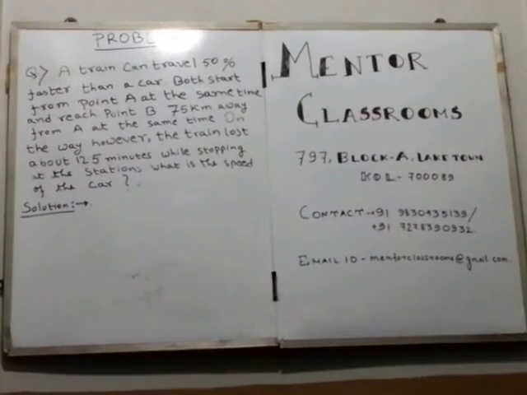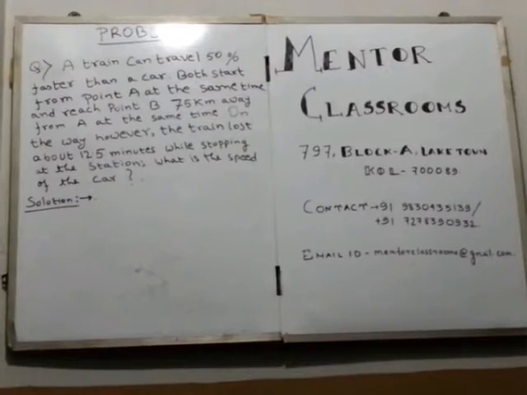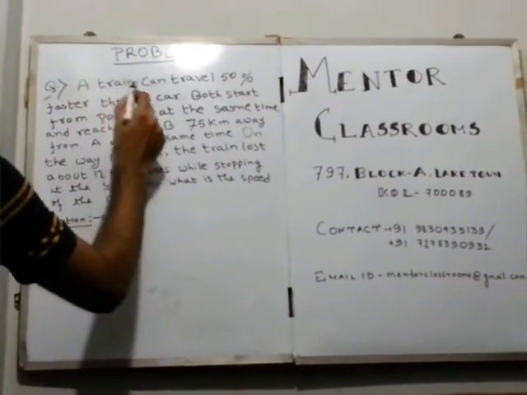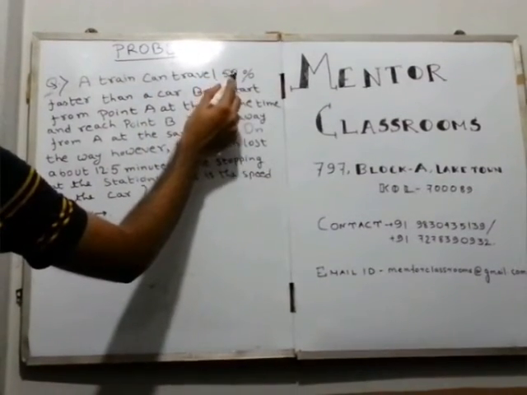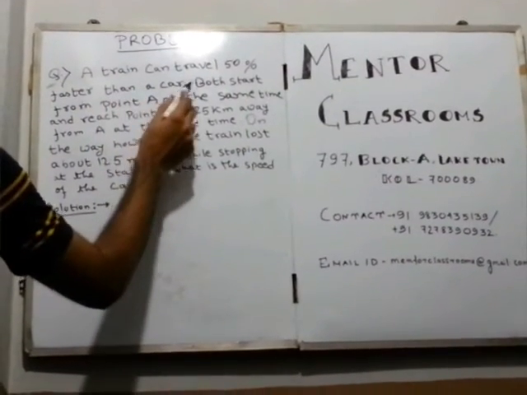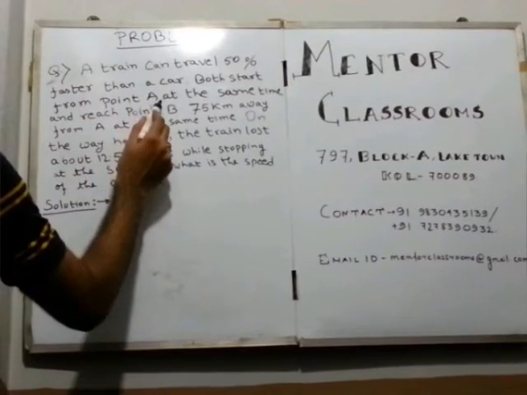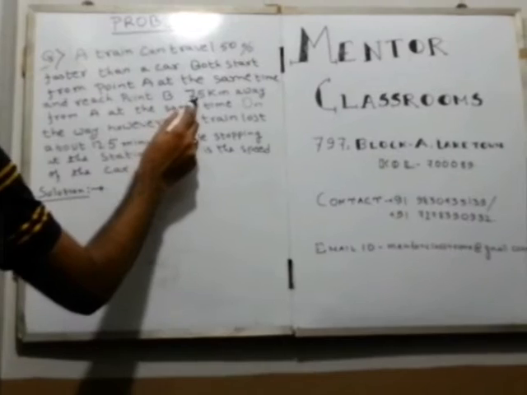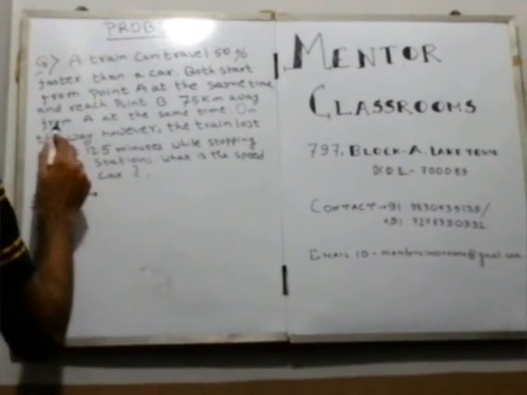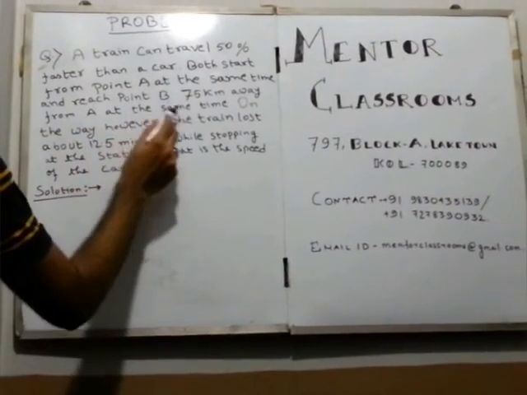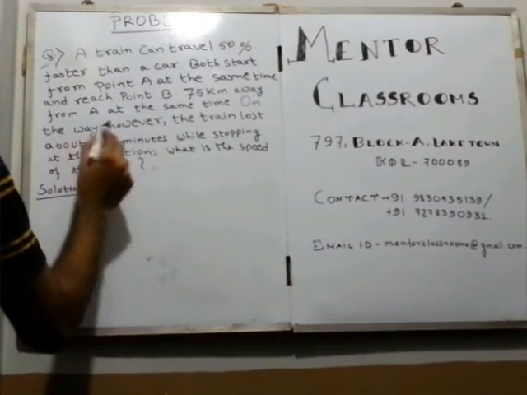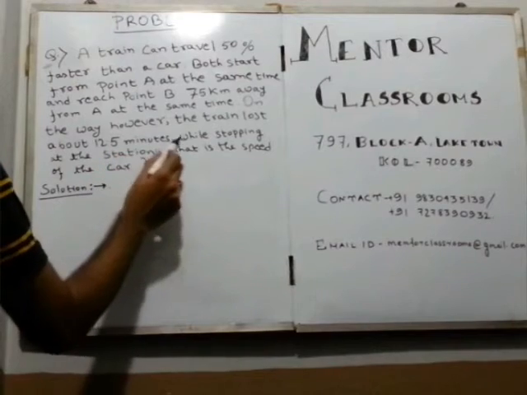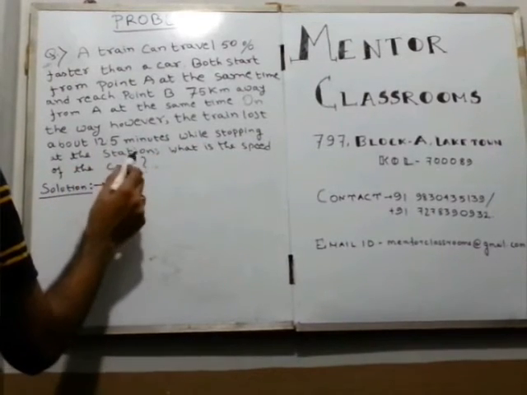So guys, let's move on to the next problem, the last one. A train can travel 50% faster than a car. Both start from point A at the same time and reach point B 75 km away from A at the same time. On the way, however, the train lost about 12.5 minutes while stopping at the stations.